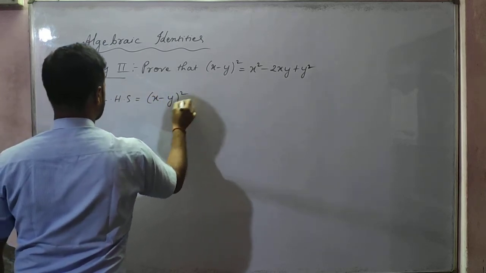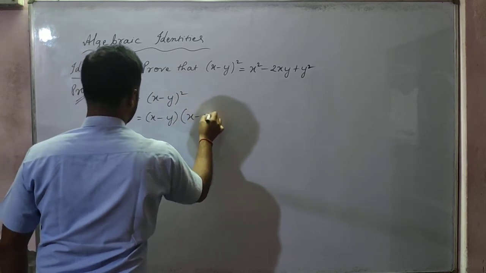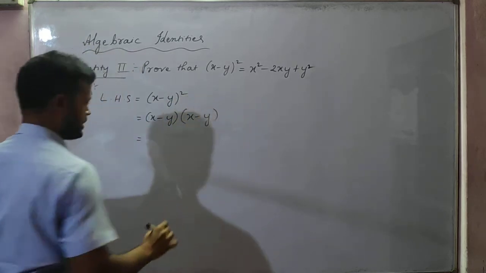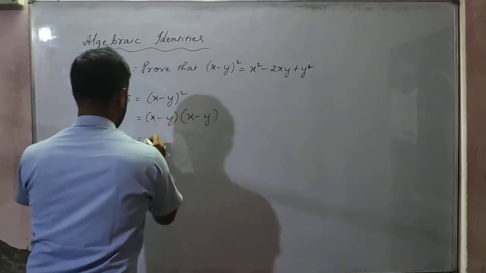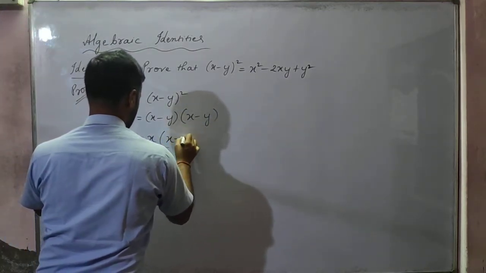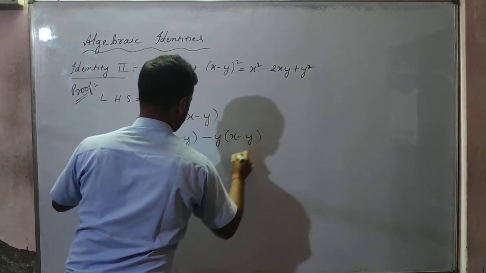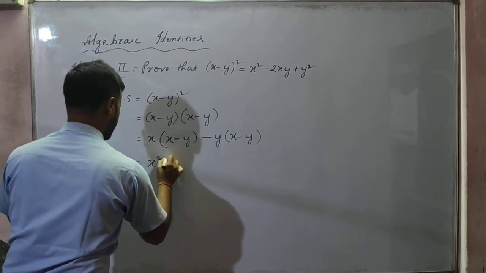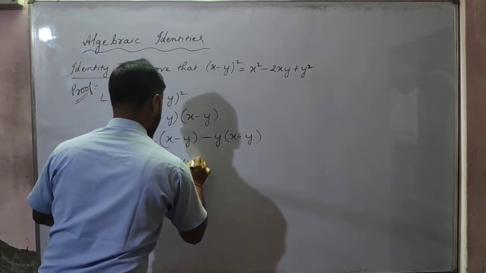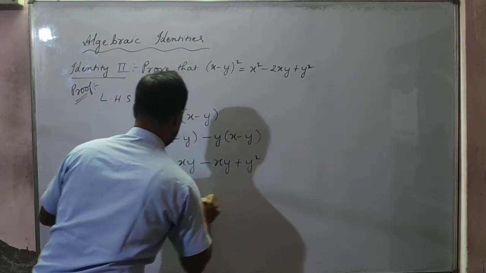x minus y whole square is equal to x minus y into x minus y. So x into x minus y minus y into x minus y. So x into x will become x square, x into y will become xy, minus xy plus y square.